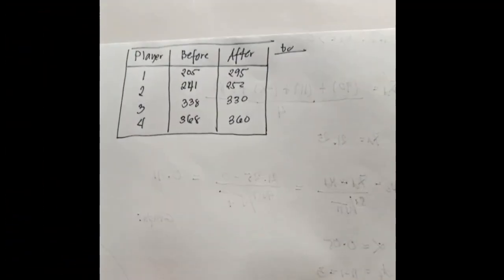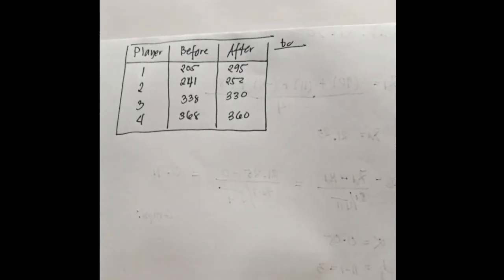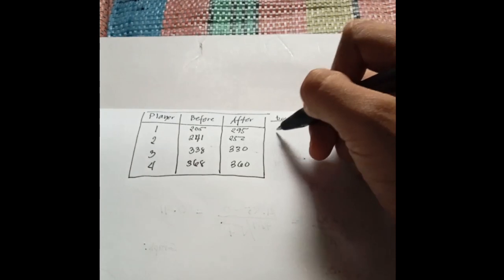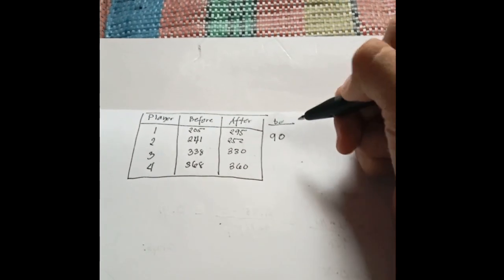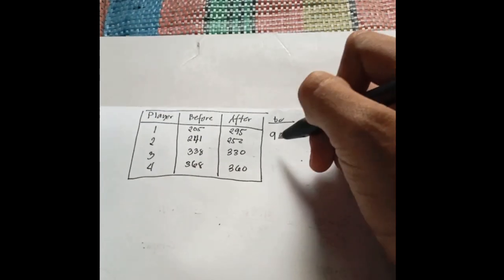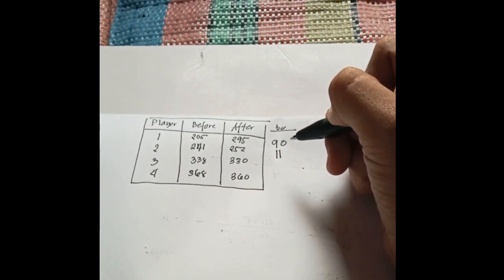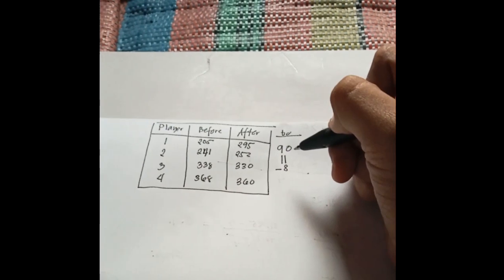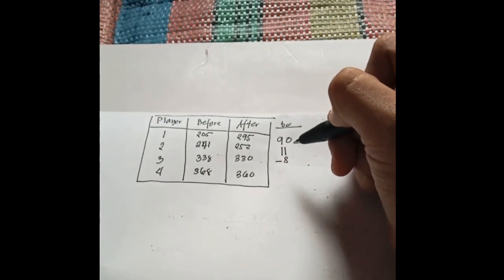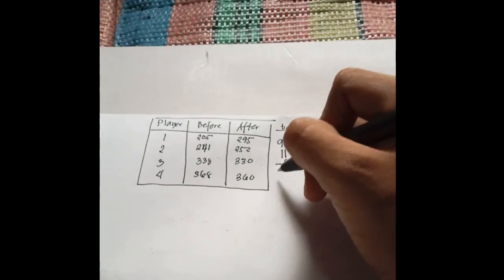Let's subtract before and after. 295 minus 205 equals 90. 252 minus 241 equals 11. 330 minus 338 equals negative 8. And 360 minus 368 equals negative 8.